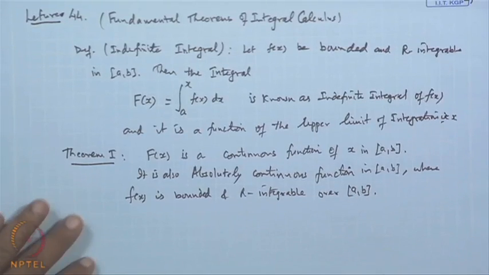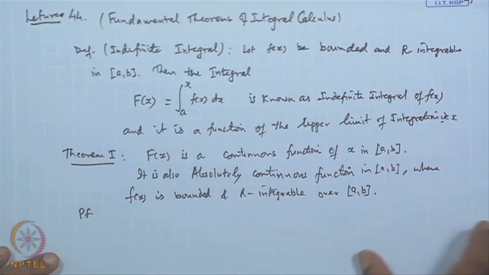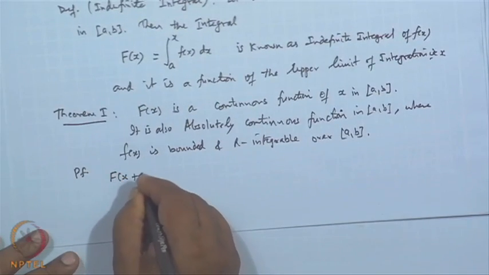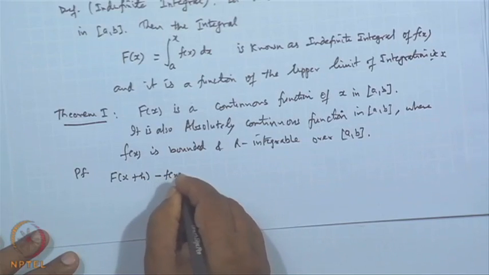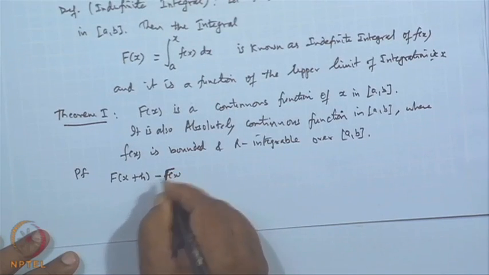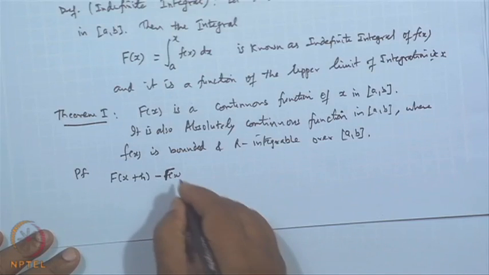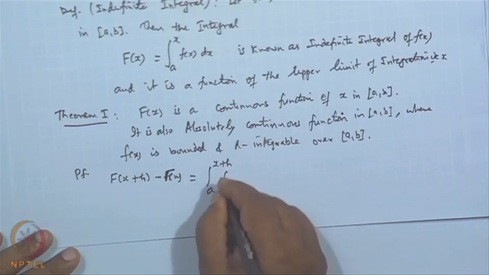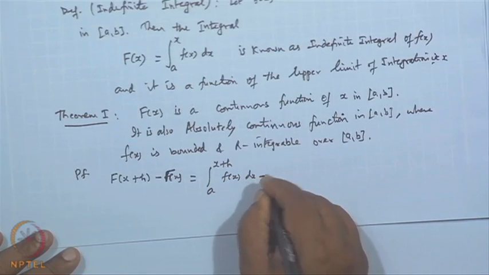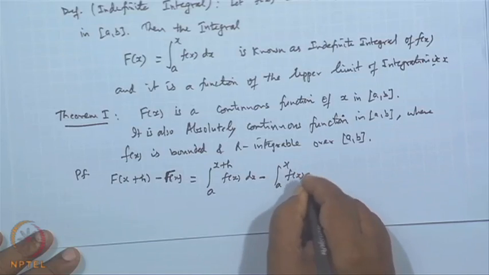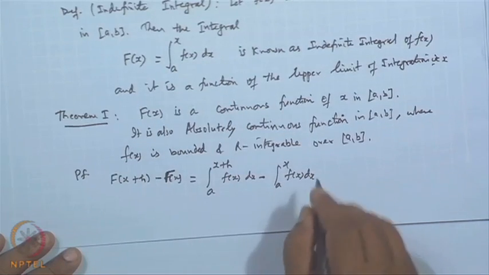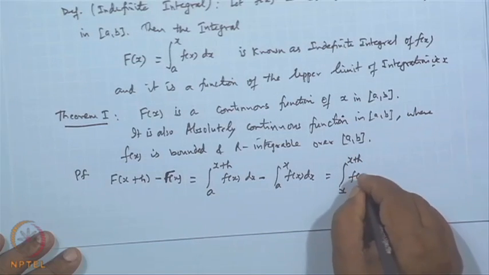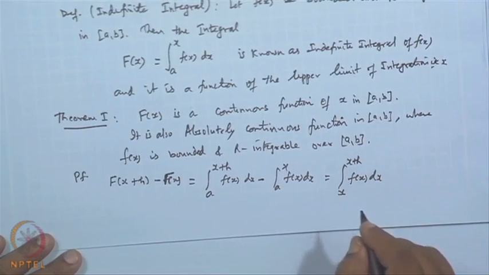This is okay. The proof is not that difficult. Let us consider F(x+h) minus F(x). This is equal to what? The integral from a to x+h of f(x) dx minus the integral from a to x of f(x) dx, by definition, and this will be equal to the integral from x to x+h of f(x) dx, because of the properties of the Riemann integral.